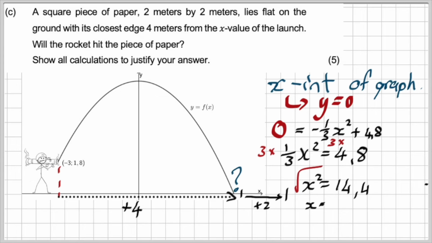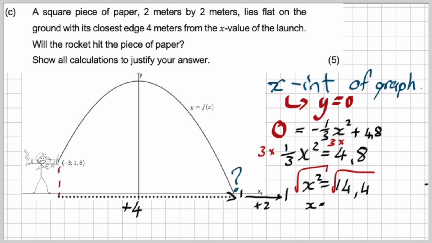And this leaves me with x squared being plus, or let's just go back a bit. Whoa, I'm going way too fast. So first of all, I'm getting x squared alone. Now I'm trying to get rid of that square. So I am going to take a square root on both sides.